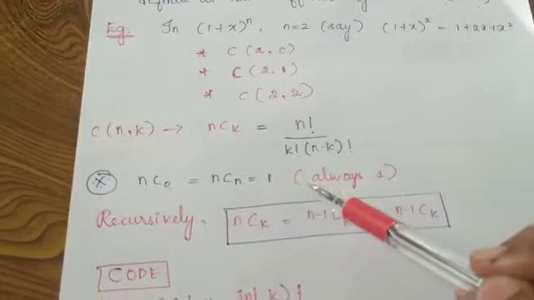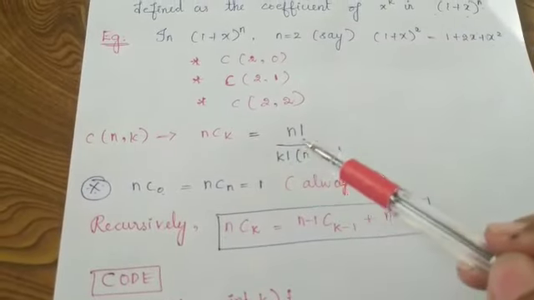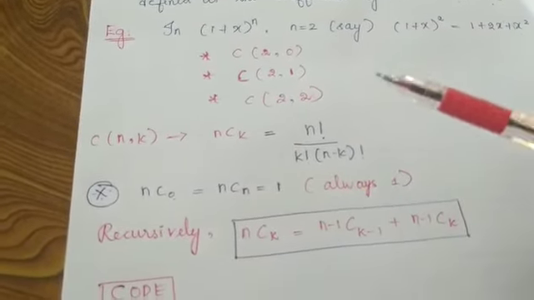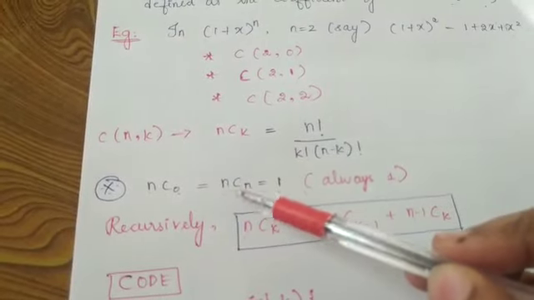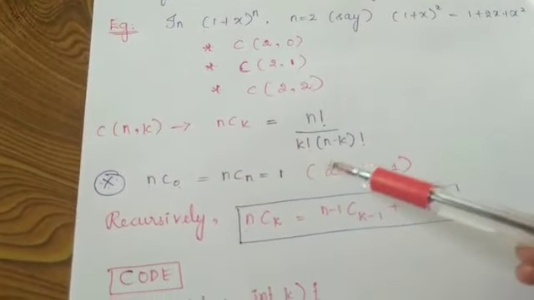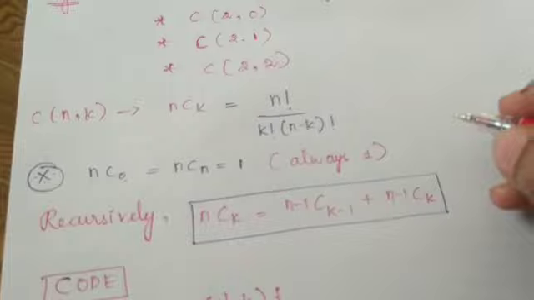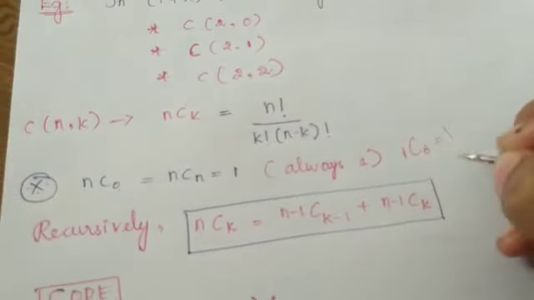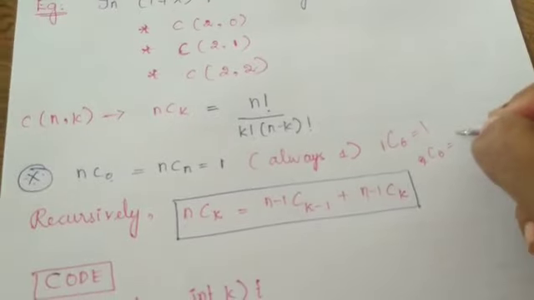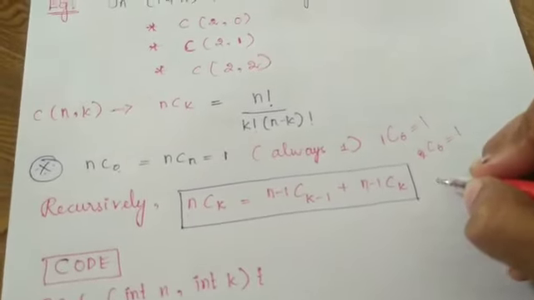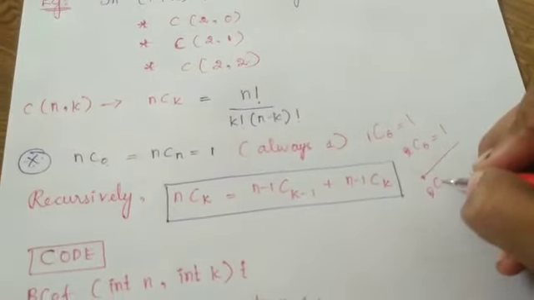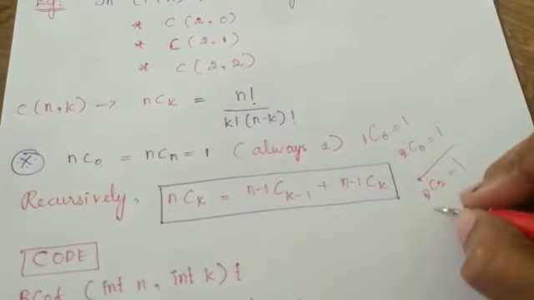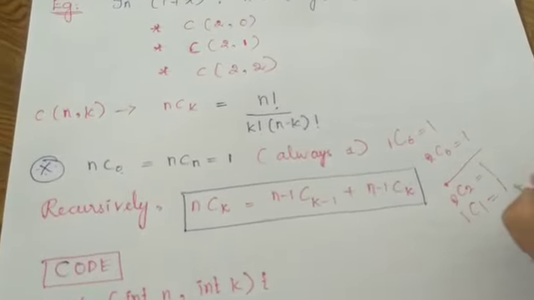This is to be kept in mind while solving problems. nC0 equals nCn equals 1. For example, 1C0 is 1, 2C0 is 1, 2C2 is 1, and 1C1 is also 1.